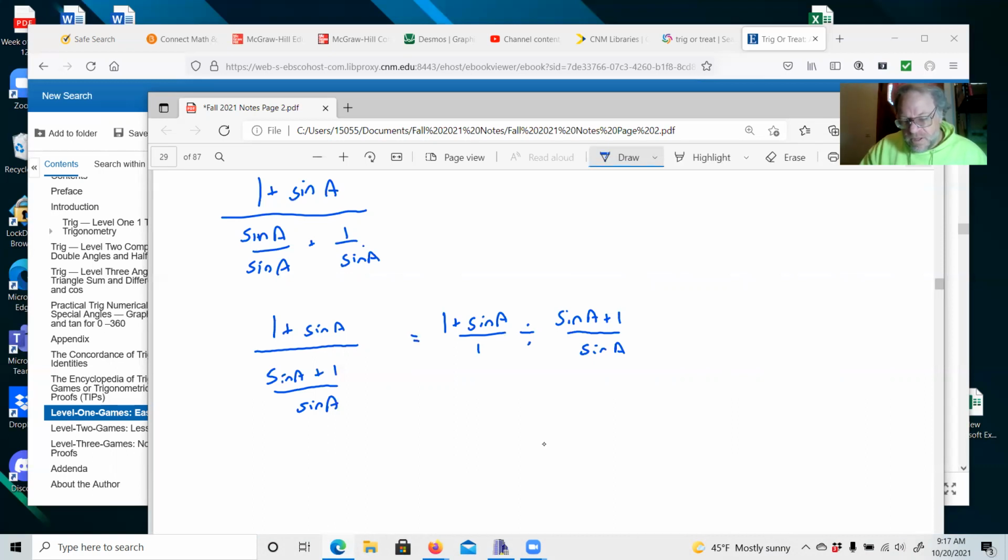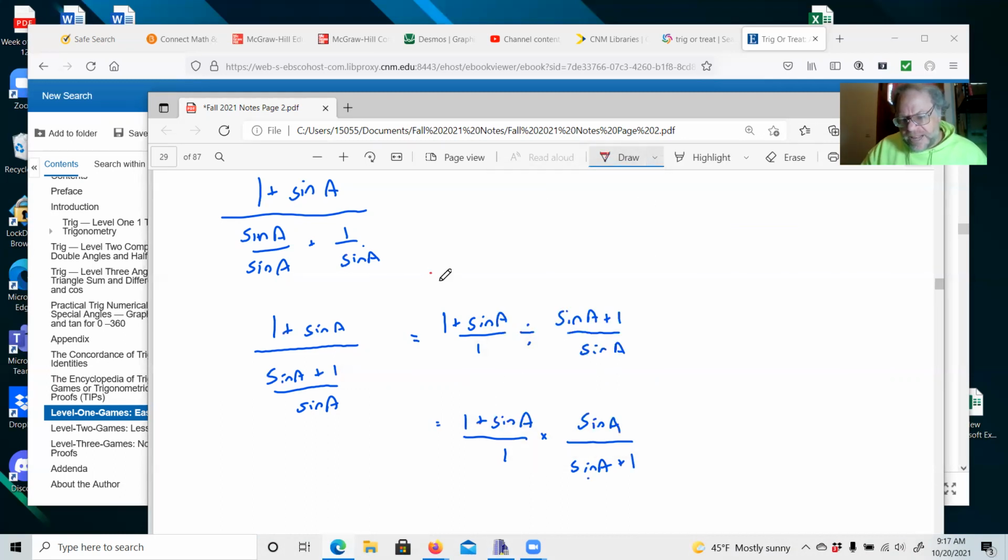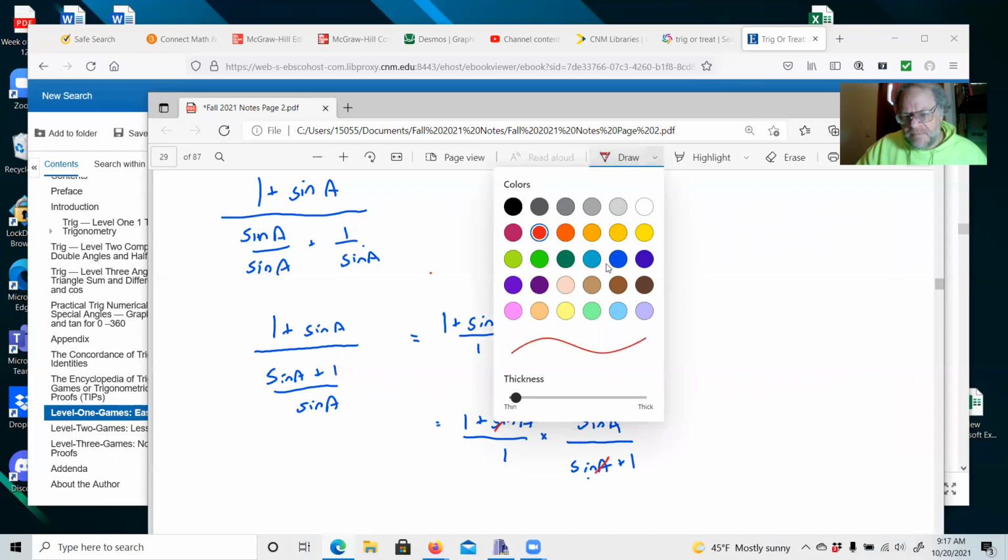Well, that is equal to 1 plus sine A over 1 times sine A over sine A plus 1. Are these the same? They are the same, aren't they? So we're going to cancel these guys out, and then we're going to have equals sine A.